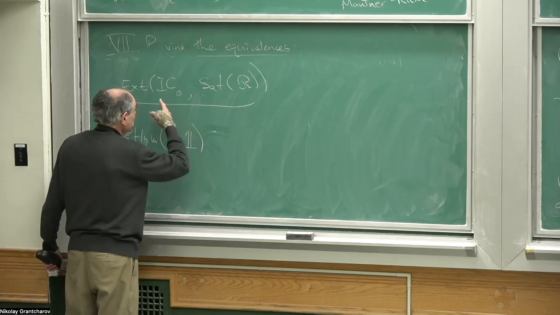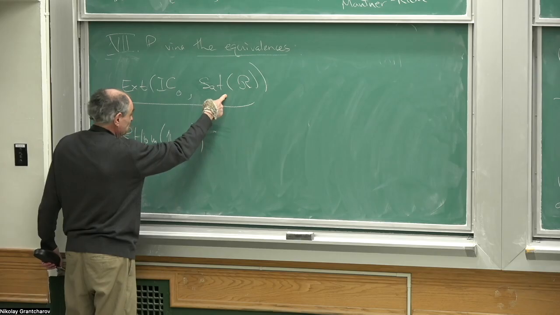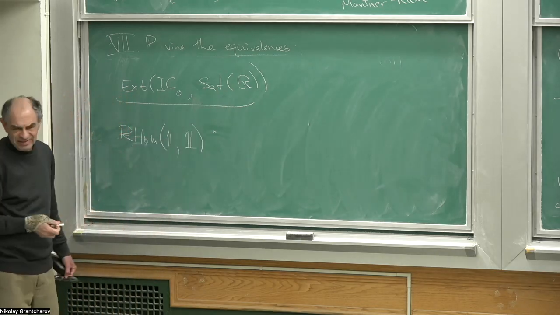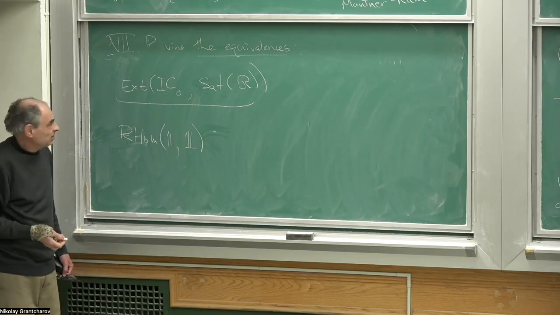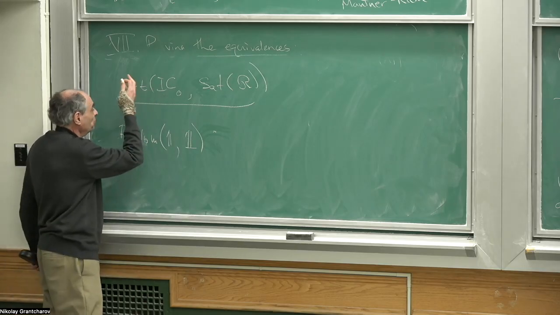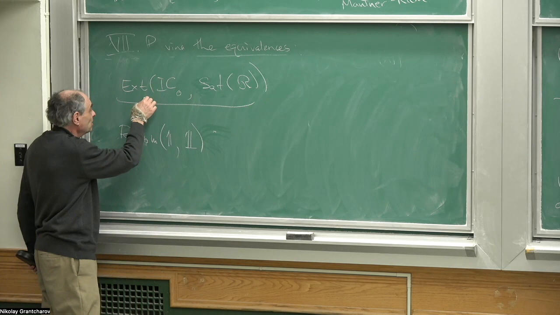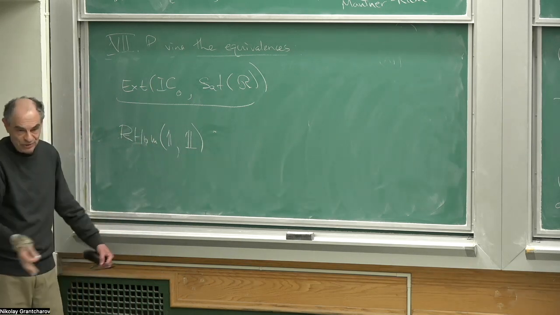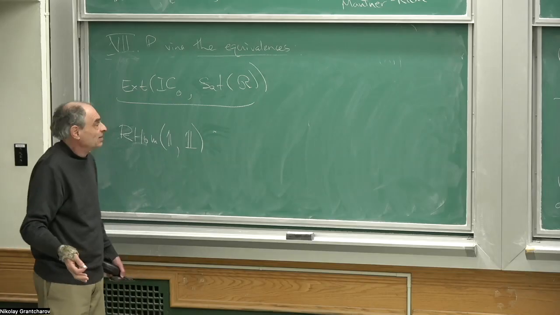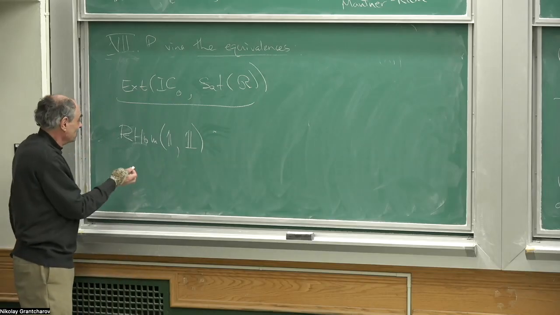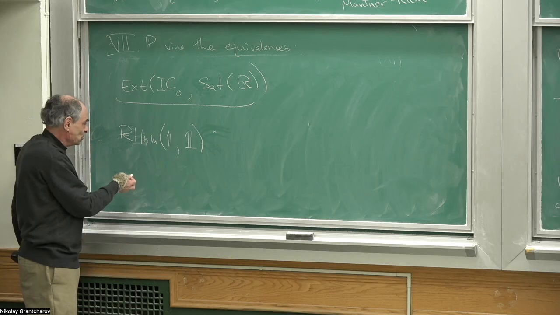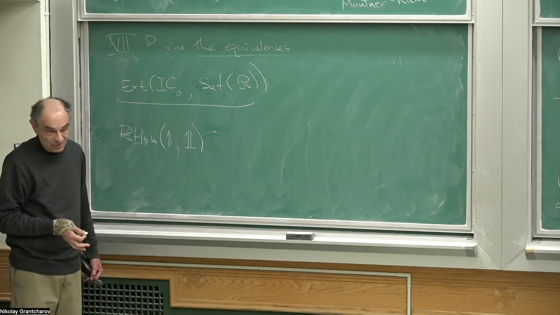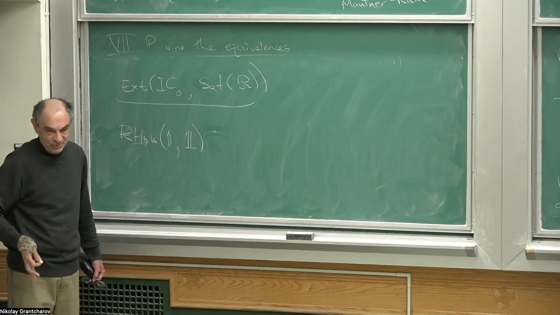So that would mean here that I put IC_0 here. But the reason we put this is what is called de-equivariantization. Since we're working in this equivariant derived category, what we really want to compute is the Hom as non-equivariant, the usual Hom. In the equivariant category, basically you take first the usual Hom and then take only those which are equivariant. So it kills a lot. We don't want to kill it.